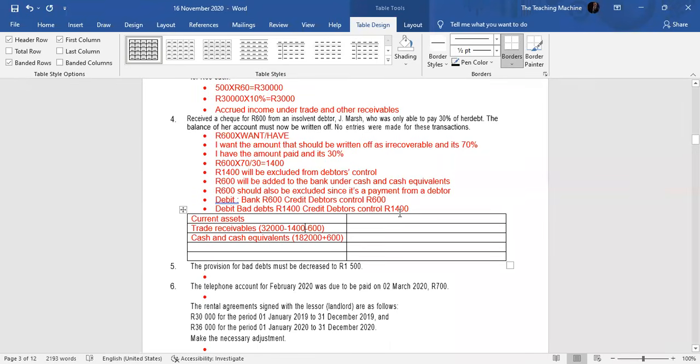Now the question is, where do we record bad debts? We do not record, but we exclude them from the trade and other receivables since this amount will not be received, since this amount should be written off as irrecoverable.